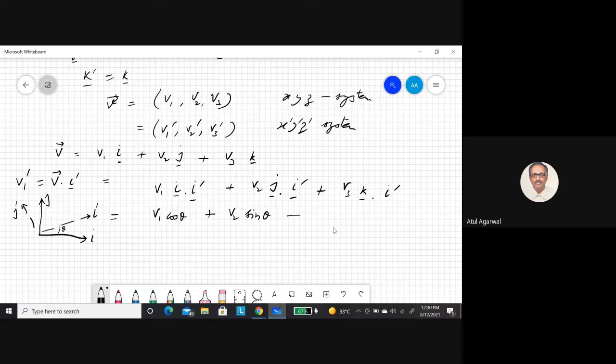This is 0. So this is my i prime. This you can see also is i prime dot i. I can write it as L11 v1, v2 sin theta. This is nothing but L12.